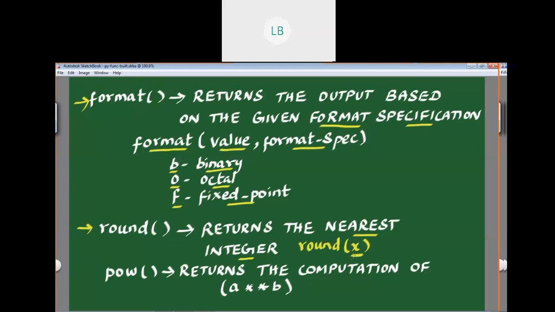You can use it with only one argument, or you can also use it like x comma 2, how many decimal places you want after rounding. So this is optional.